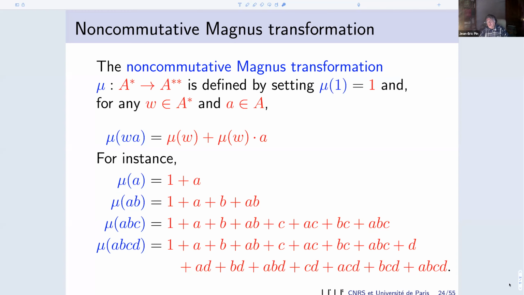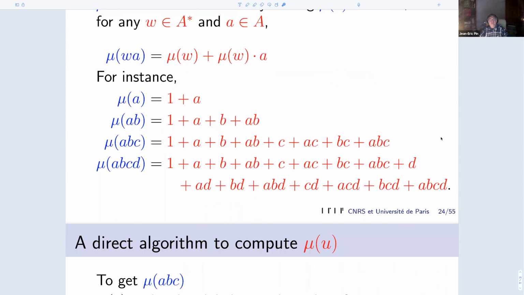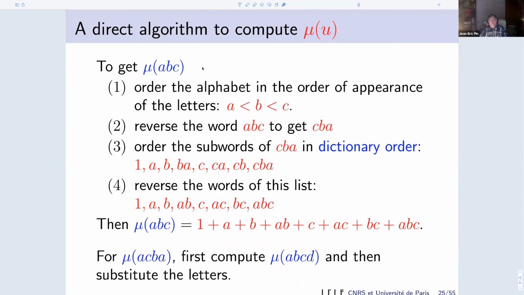I present it as a trick, but of course, it relies on a real mathematical result. But it's funny to look at a trick. Let's suppose I want to compute mu of ABC. First of all, I order the alphabet in the order of appearance of the letters. This is a case where it is a natural order: A is smaller than B, then B is smaller than C. Now the algorithm really starts.